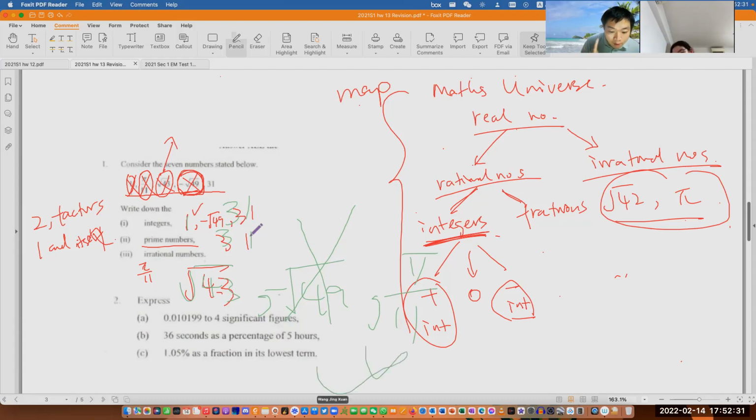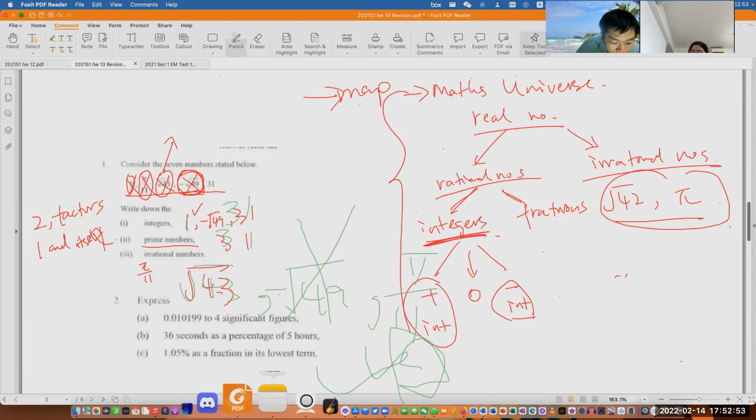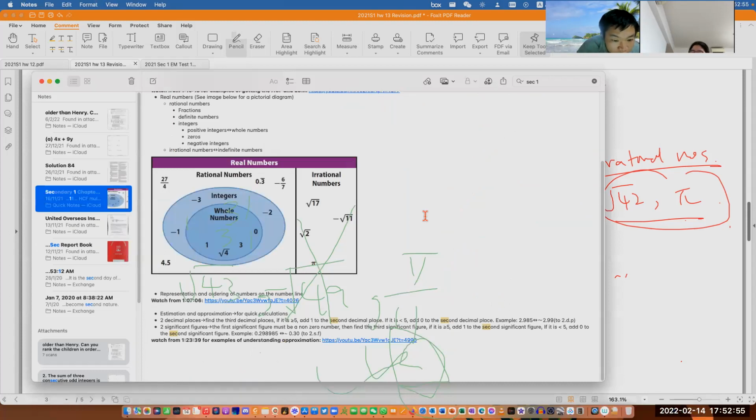The most important thing is a lot of students go and do it without the map. When they do it without the map, it's very easy to get it wrong. It's very easy to get it right if you have the map out. So tonight, go back and just memorize the map. If you need it, you can take a screenshot of this, the real numbers universe. I think this gives you a very good map to memorize.